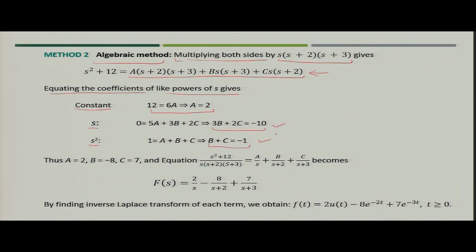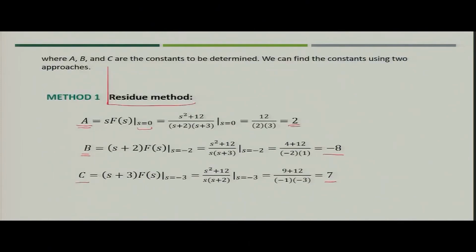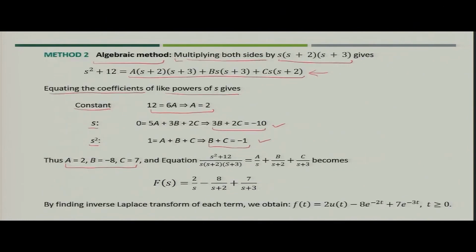Now, you have two equations and two unknowns, you can solve, and you will get the value again as A = 2, B = -8 and C = 7. So, either you use this method or the previous method which we discussed, that is the residue method, you will get the same results.